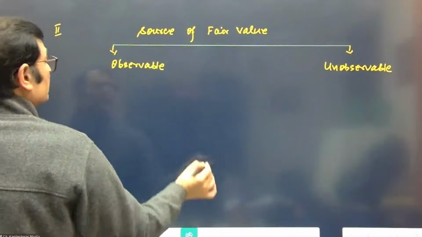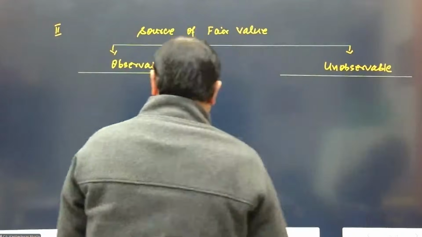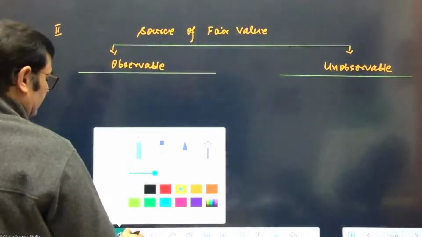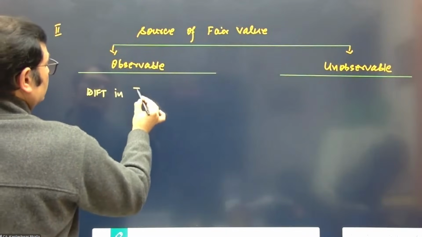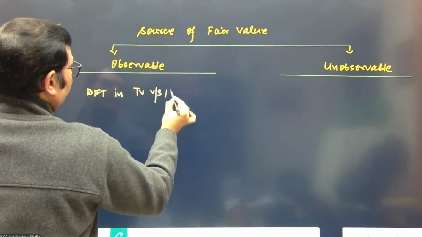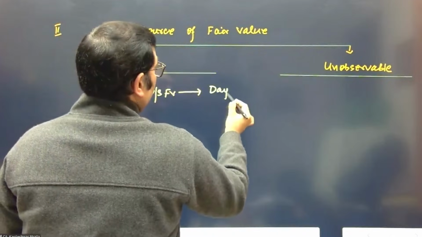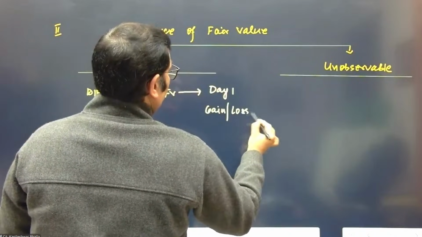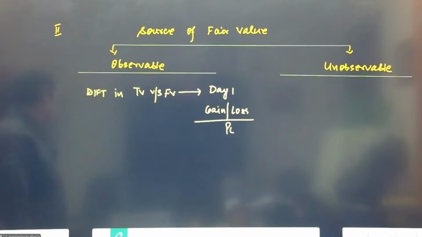Now, when it is observable, then we consider the difference between the transaction value and the fair value. That difference is taken as a day one gain or loss, and that day one gain or loss is taken in the profit and loss account itself.